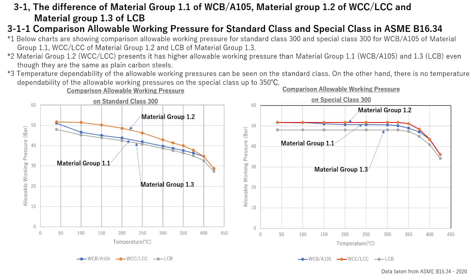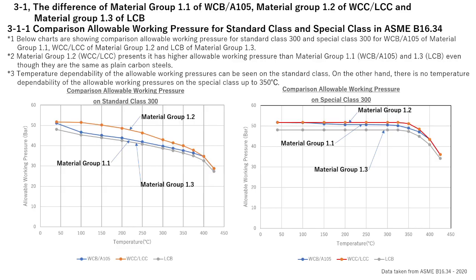In the previous video number 2, I talked about the selection of the rating class in the rating table in accordance with the given design conditions. In the carbon steel material groups, we understood that the lower rating class tended to be selected in material group 1.2 of WCC and LCC, and the higher rating class tended to be selected in material group 1.3 of LCB.